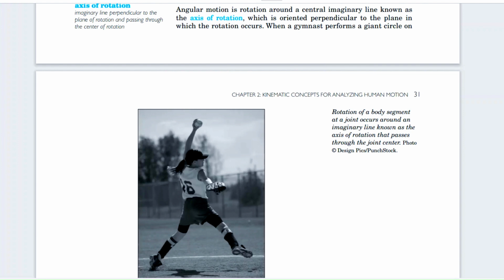Okay, so the linear motion, as you know, is also called translatory motion or translation. It occurs when all parts of an object move in the same direction at the same speed.